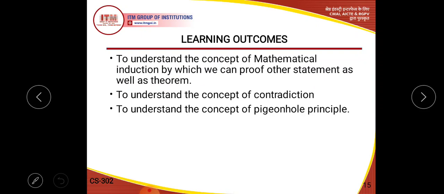Learning outcomes. What we have learned from this video. In this video, we understood the concept of mathematical induction, by which we can prove other statements as well as theorems.